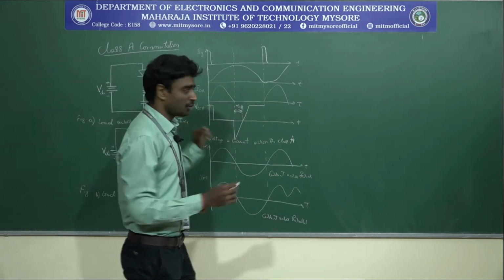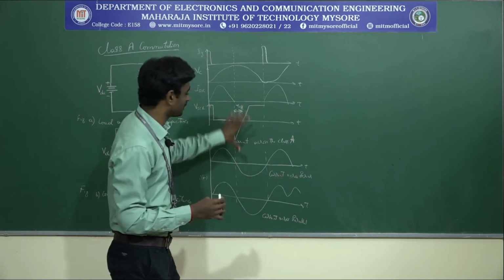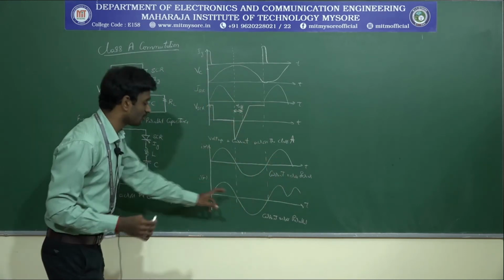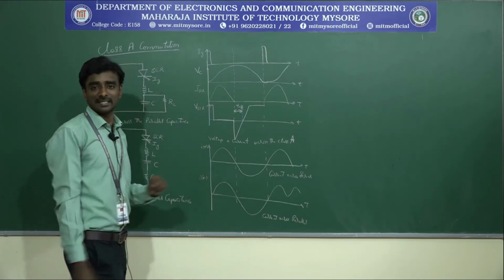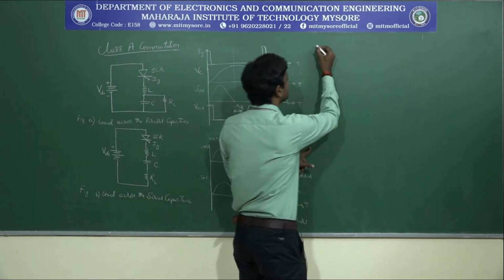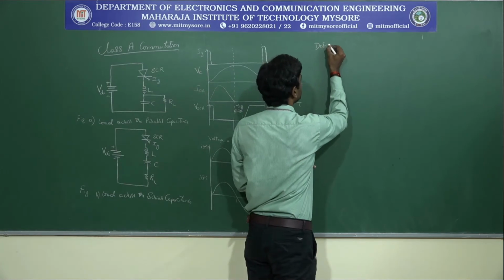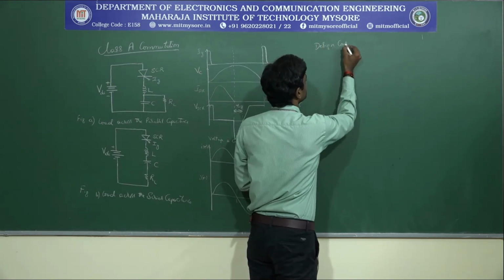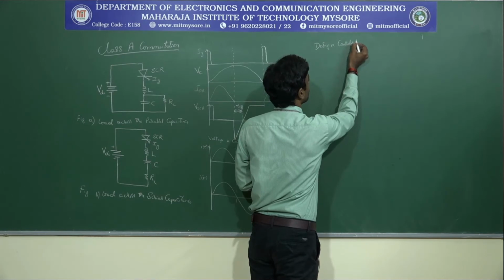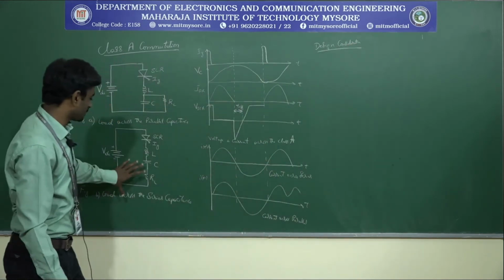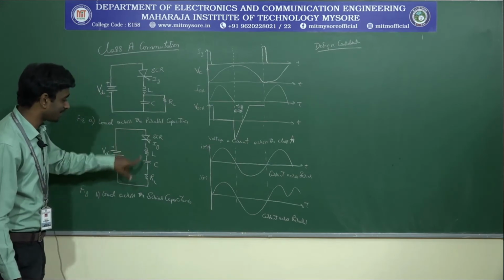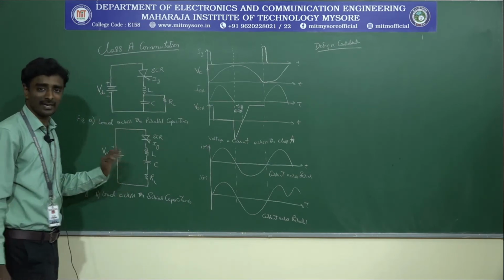If you consider this circuit, the waveform will be similar to the previous circuit, but the current will change from parallel to series here. So I will write the design consideration with respect to the series circuit. I will have a VDC and the RLC connected in a series circuit.